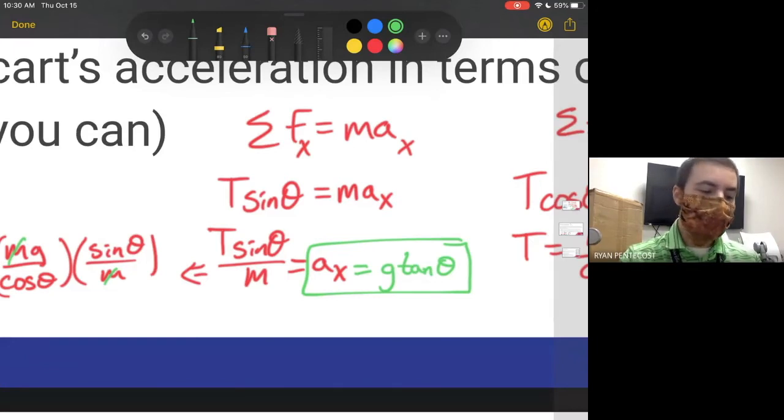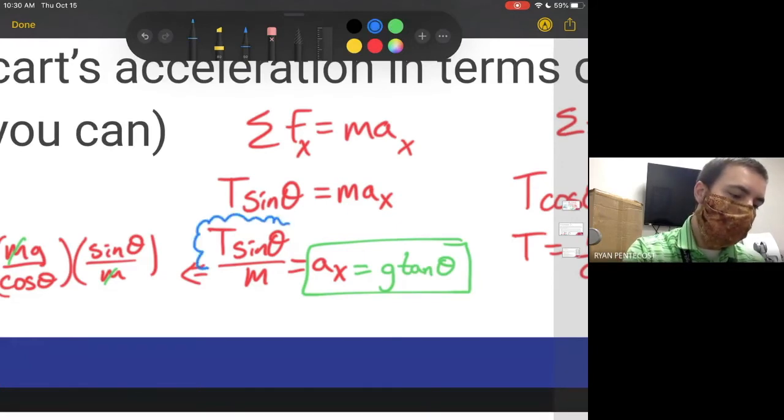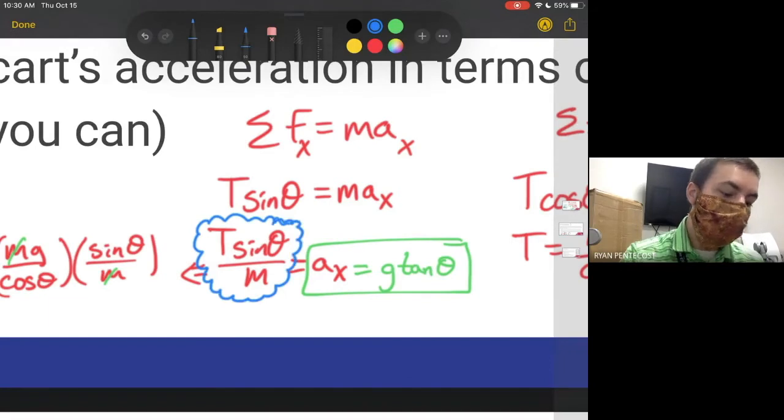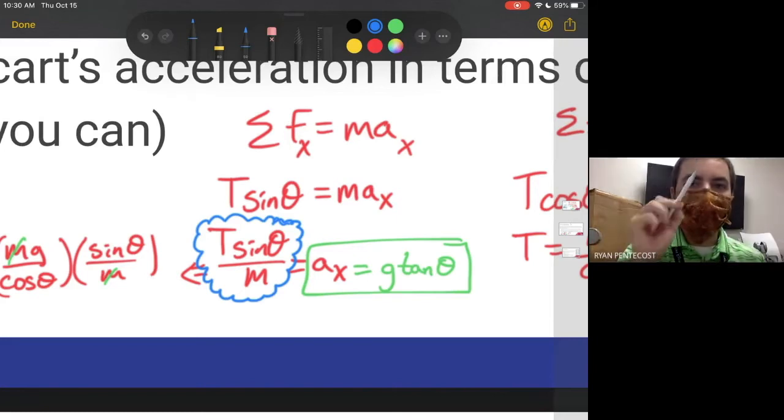This also shows you that the tension doesn't actually matter to the acceleration, and the mass of the object again doesn't actually matter to the acceleration. The only thing that matters is the g, the gravity in that area, and the theta that the string is moving.